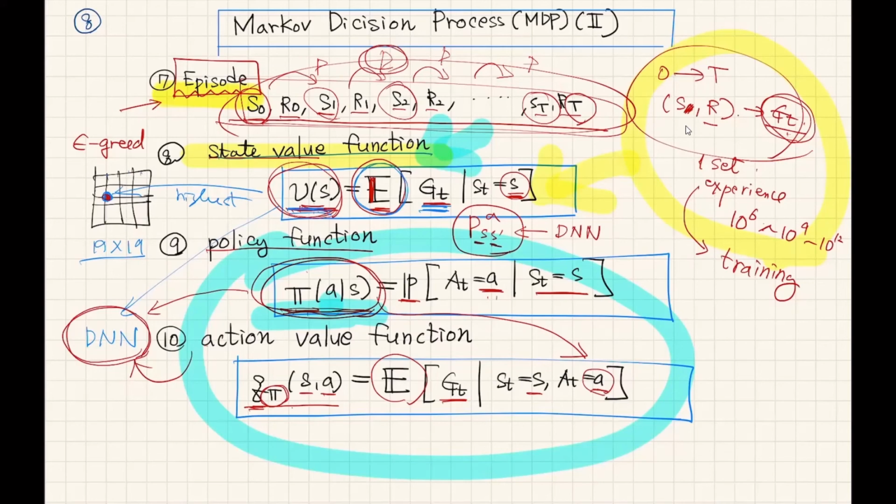This policy function will determine the action, and the state value function will determine the best reward return of each state. Sometimes we have both networks, the state value function network and the policy network. In the case where we have to train the policy network, the methodology is called REINFORCE or the actor-critic method.